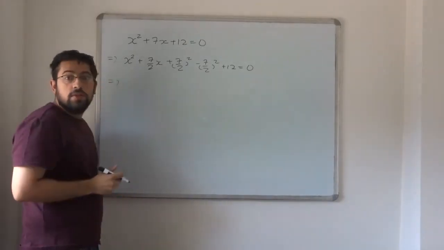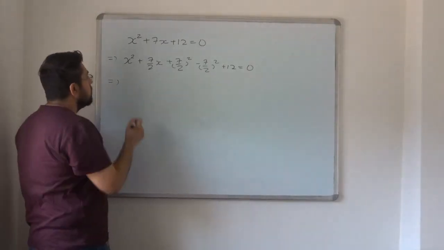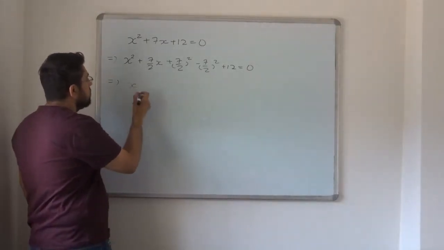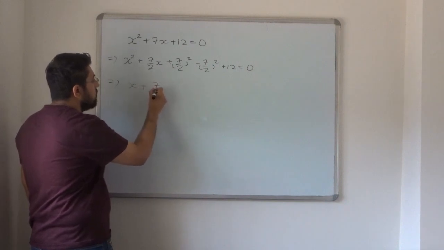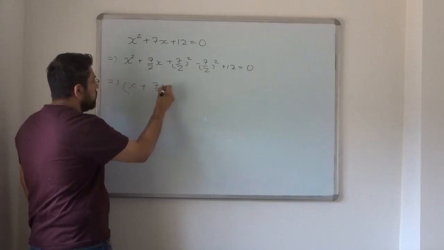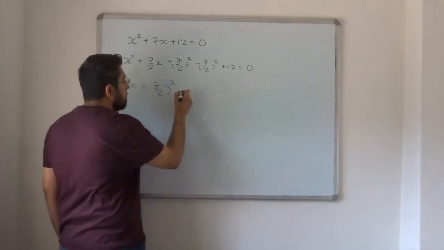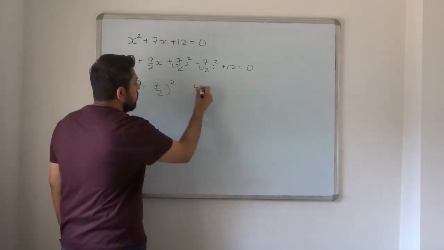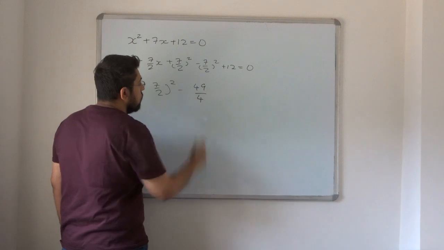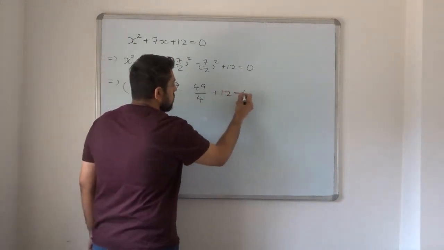Now what is the next step after this? The next step is this one here: plus 7 by 2 squared, minus. Now you obviously have 49 over 4. 49 over 4 plus 12 equals 0.